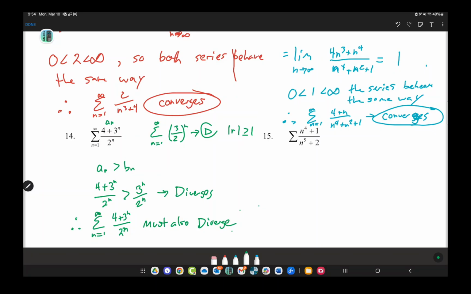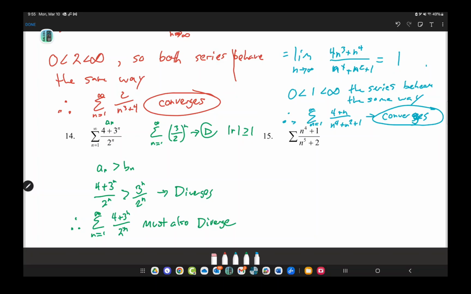The LCT thing only works for similar platforms. If I can't think of a function that I want, would I want to do a limit comparison test for this? Which one's easier to do is always my first approach.